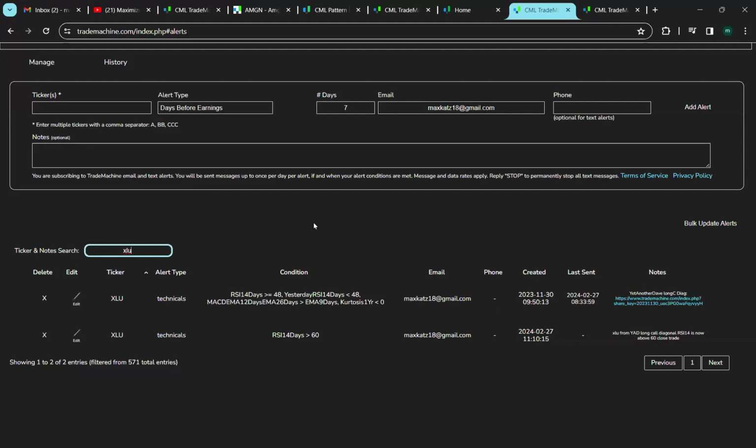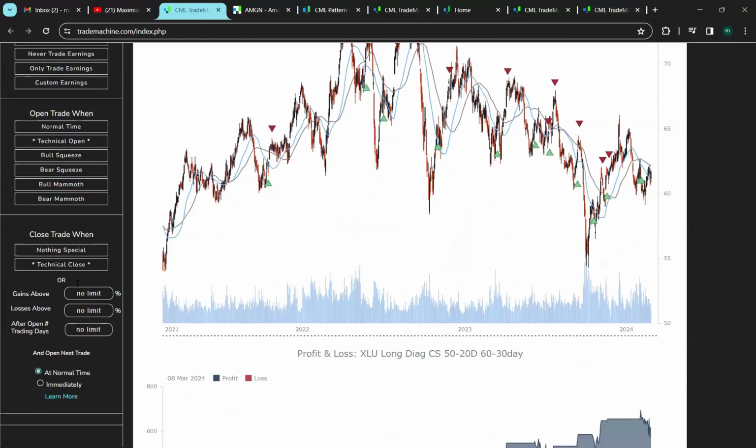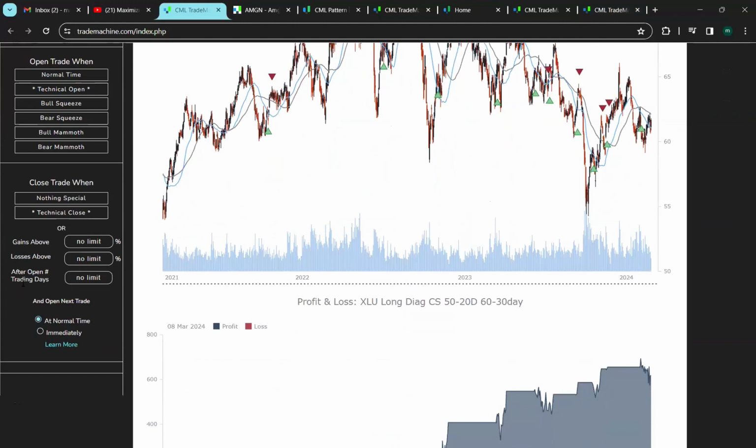Additionally, one thing to note is that with the close trade when settings, if you are looking at closing based on a specific calendar date, close trade when uses trading days. Days to expiration, for example, functions as calendar days, and days after earnings also function as calendar days.